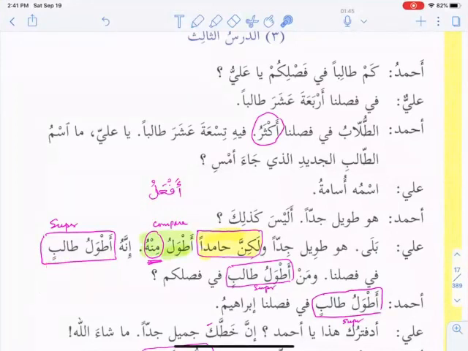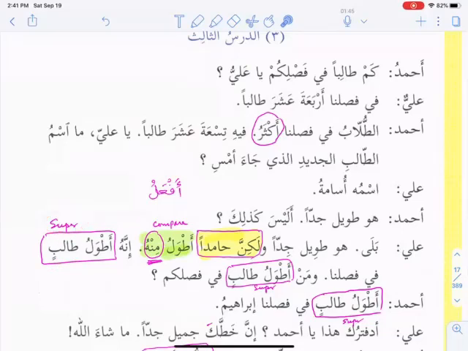So if in a sentence af'alu comes followed by a singular noun mudaf ilayhi, that indicates that it is a superlative degree.